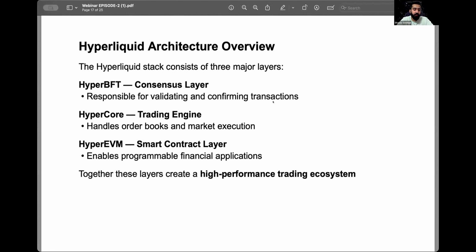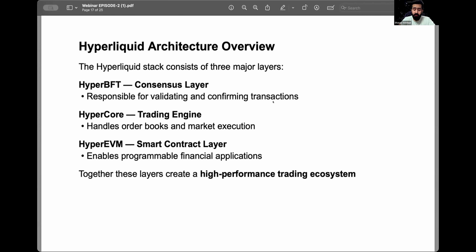Then comes HyperCore, which is the trading ecosystem. And the Hyperliquid ecosystem has the HyperEVM contract layer, which is the smart contract layer, openly interactable with EVM networks, enabling programmable financial applications. You can write and develop smart contracts with Solidity on Hyperliquid.